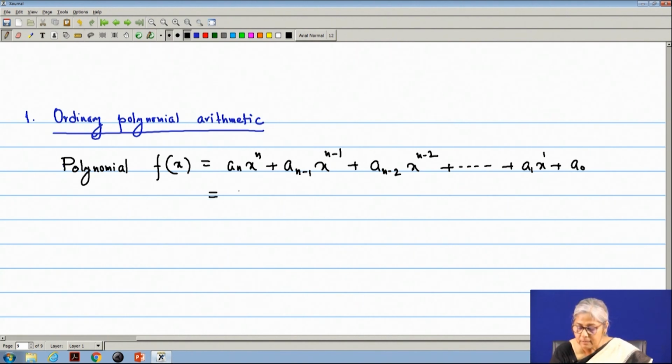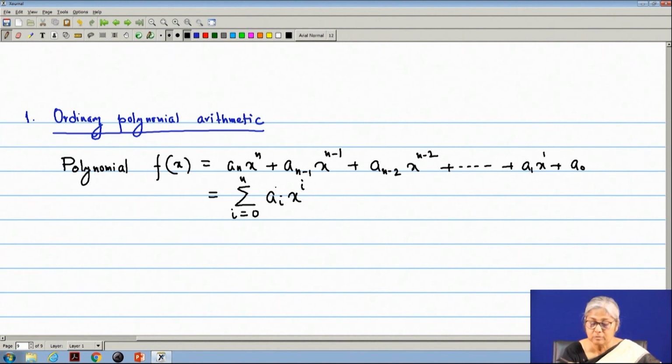In this notation, the sum for i equal to 0 to n of a_i x to the power i, and we call this an n degree polynomial. So, the degree of the polynomial is n.